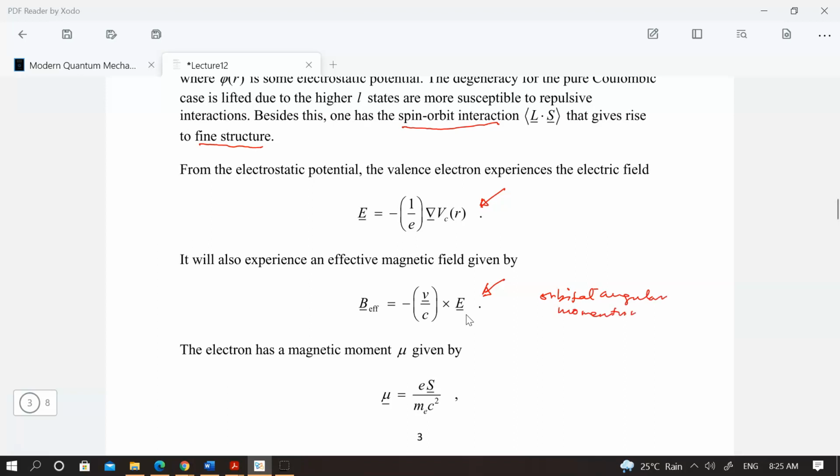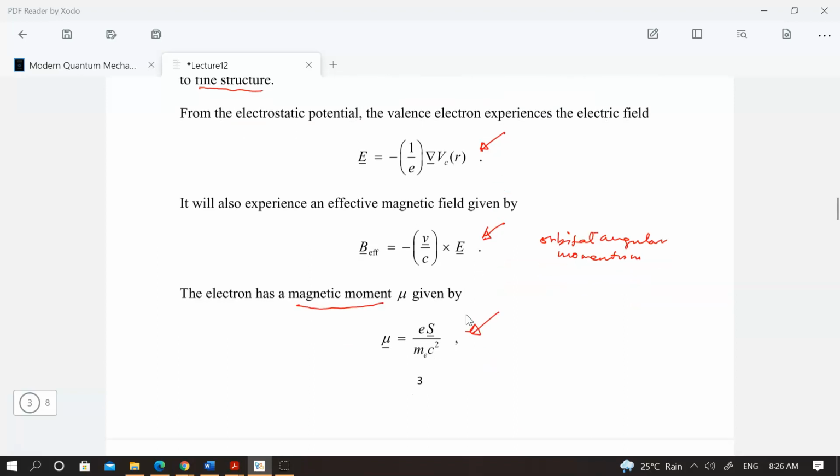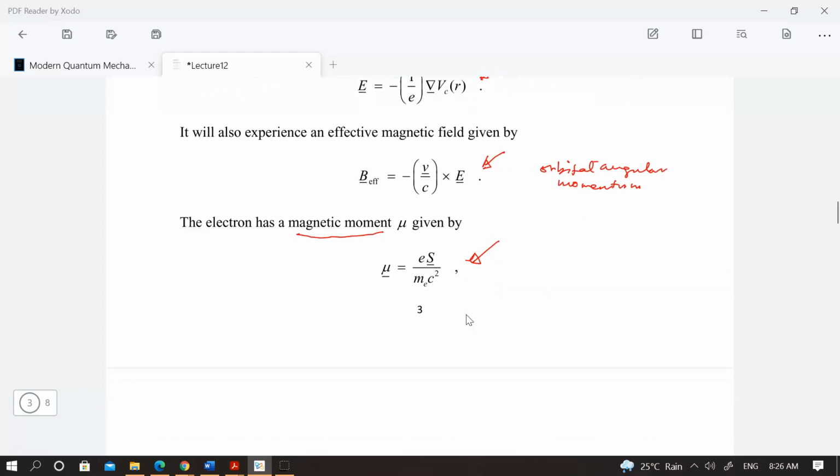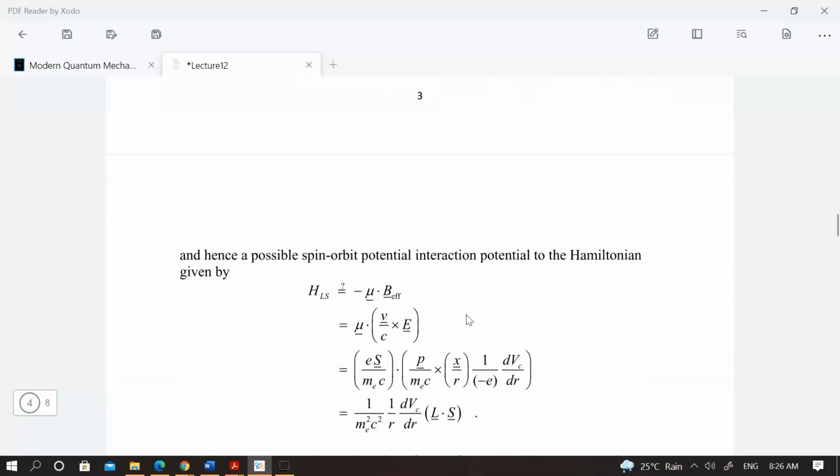This magnetic field, which is felt by the valence electron, will interact with the spin of the valence electron. And the spin of the valence electron gives rise to a magnetic moment, from the previous formula that we have seen earlier in the course, given by the spin operator. So that would give rise to this interaction.